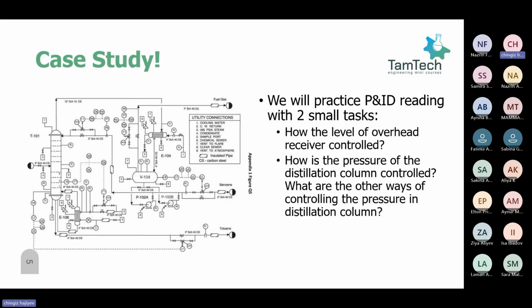If the downstream of this fuel gas is blocked and we cannot send it, and we need to cut this line, but we want to keep producing, because as you can see our main product is benzene and toluene, it's just the separation of benzene and toluene, so we can send our fuel gas with this line to flare. This process is called venting. Vent to flare comes from that, and flare is another system.